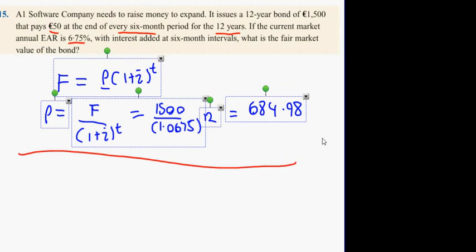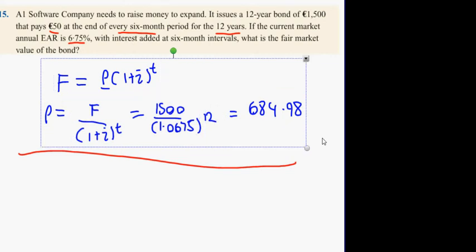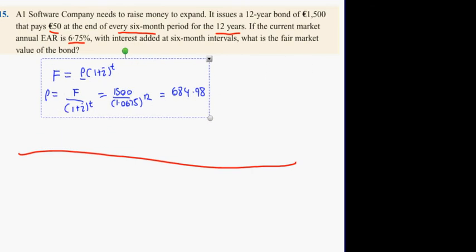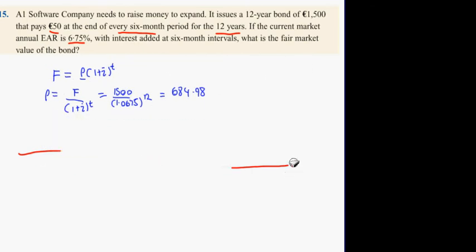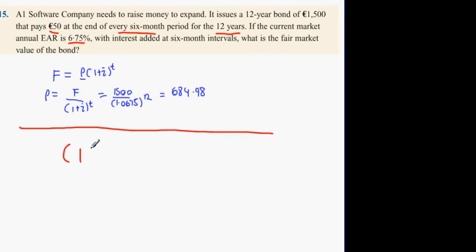Now, once we have this section done, what we've got to do next is find out the current value of our €50 payments. We're going to use a half-year rate. Usually we'd do 1 plus i to the power of 12 if it's monthly, but it's not monthly, it's every 6-month period.